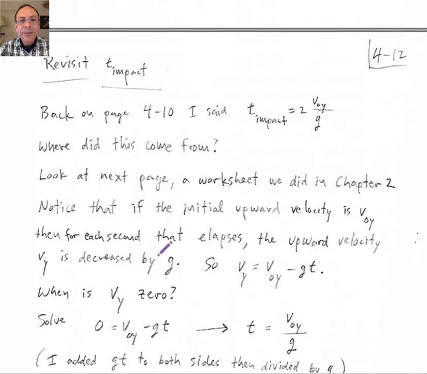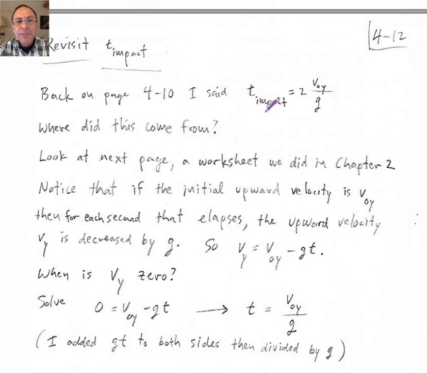I said that T impact is equal to 2 times the y component of the initial velocity over g. And let's just be clear, T impact is the time it takes for the projectile to leave the ground and come back to the ground, and back to the same height as originally.